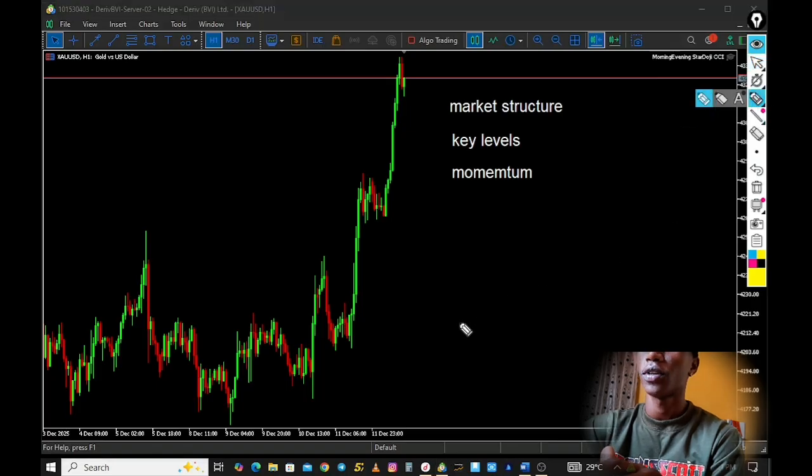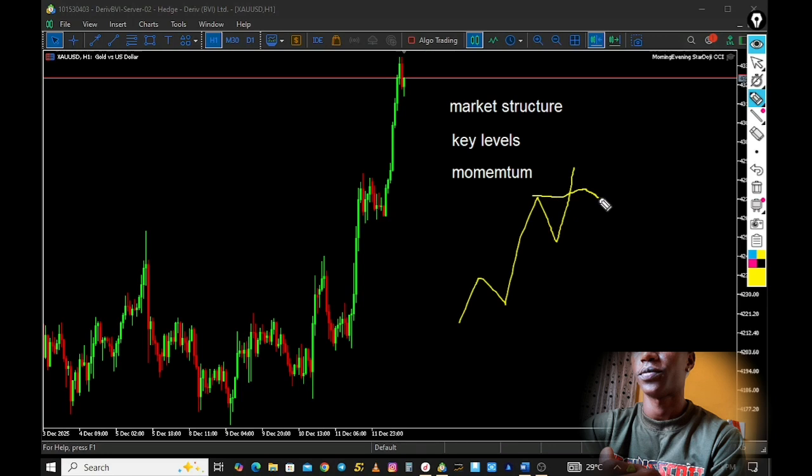For example, it's giving higher highs, higher lows, higher highs, higher lows, higher highs. So this is a break of structure. Once price breaks this structure right here, that is when you're going to wait for price to come back and retest this zone that broke, or when it comes back to this demand zone right here.